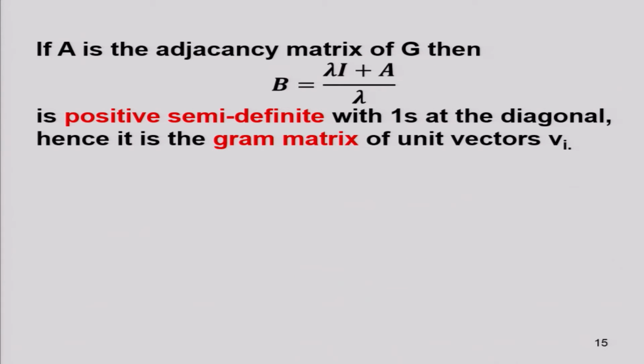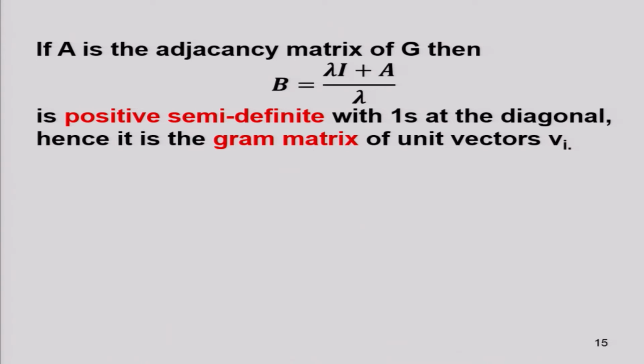And then just look at the adjacency matrix of this graph. Remember that this is a 0, 1 matrix, and we have 0 when things are not adjacent and 1 when they are adjacent. This is A. Now, if we take lambda to be the absolute value of the most negative eigenvalue, and we increase all the entries in the diagonal by lambda, so we look at lambda I plus A, then this will already be a positive semi-definite matrix, because we increased every eigenvalue by lambda, and lambda was the absolute value of the most negative one.